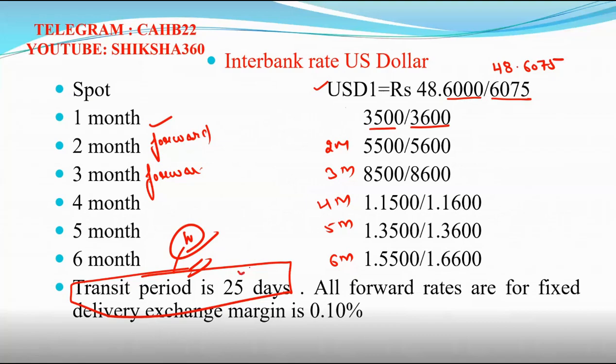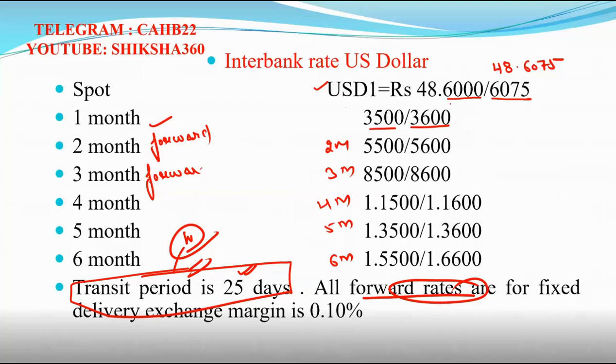Here the transit period is 25 days, and for all forward rates for fixed delivery, the exchange margin is 0.10%.